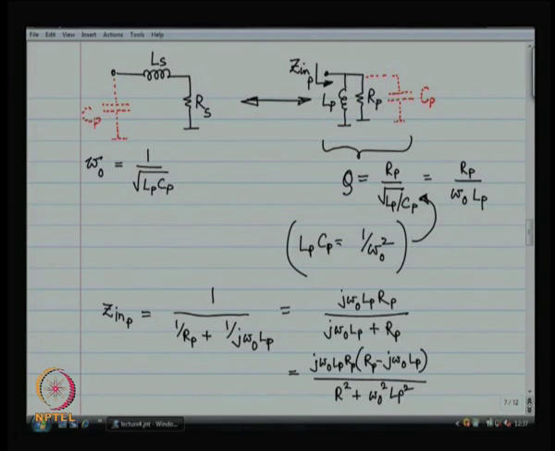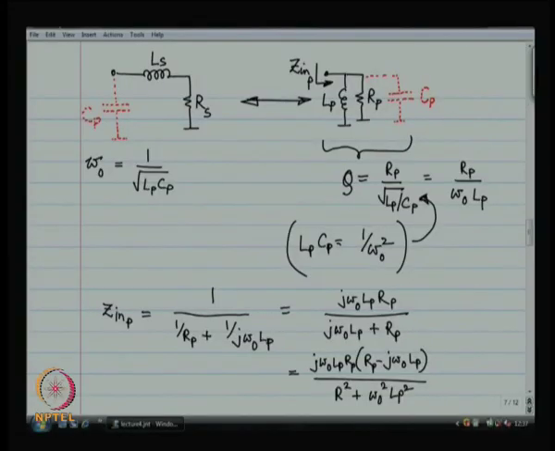So, given that we are interested only at a specific frequency, can we transform a series LR network to a parallel LR network? We can, and the way it works is that the parallel LR network should have 1 plus q squared times the resistance of the series LR network. As far as the inductance itself goes, it is more or less unchanged.